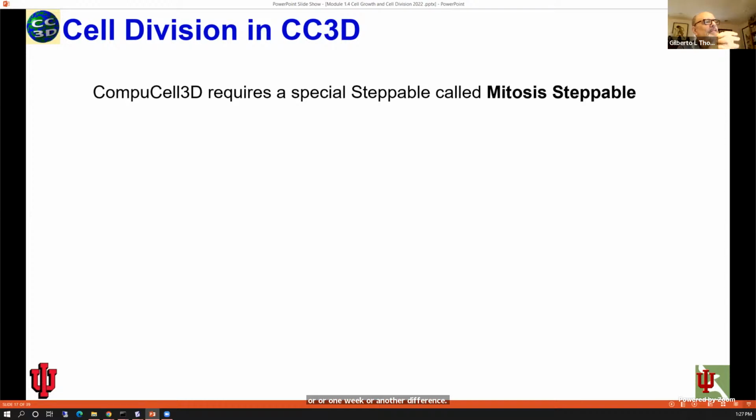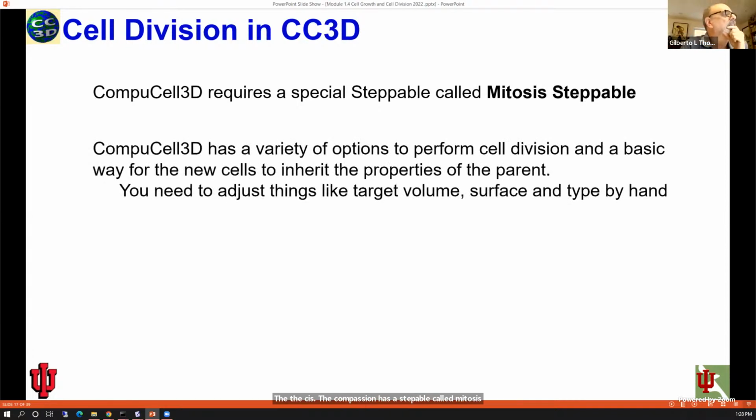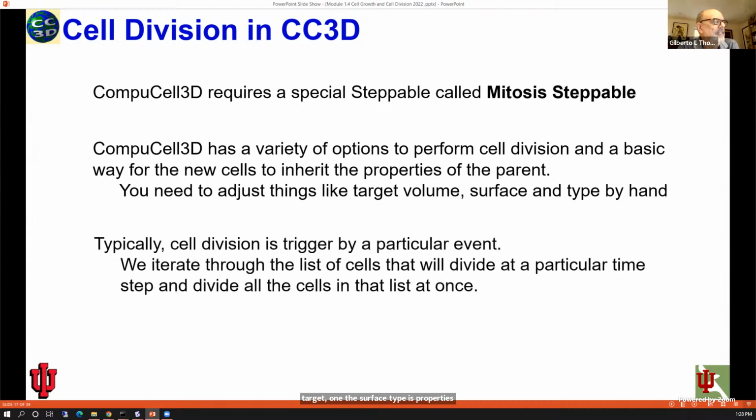To implement this division, CompuCell has a steppable called mitosis. We are going to see its structure now, but it involves blocks where we can adjust the properties of the cell and the behavior of the cell during or after the division, like target volume, surface, types, properties, mutations, a lot of things.